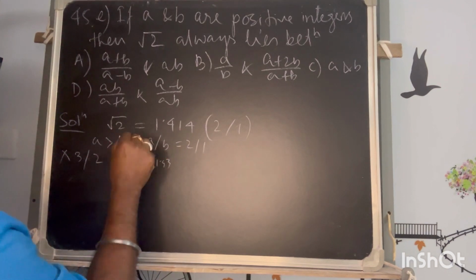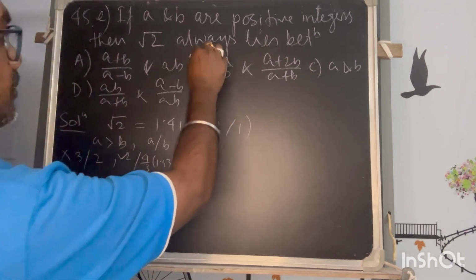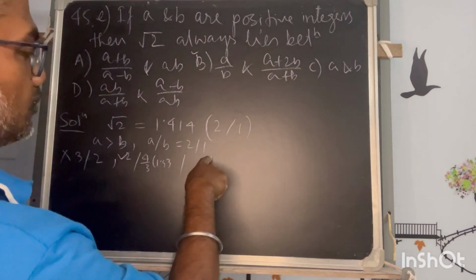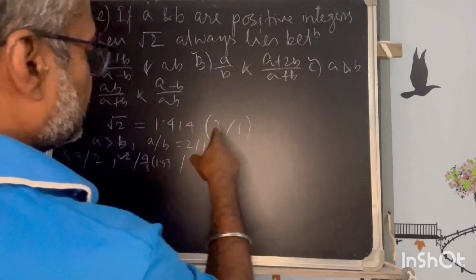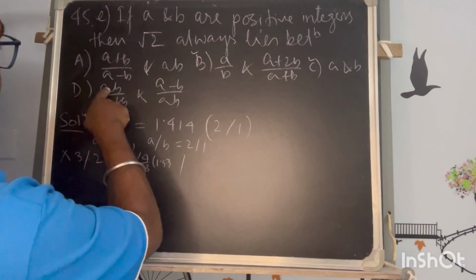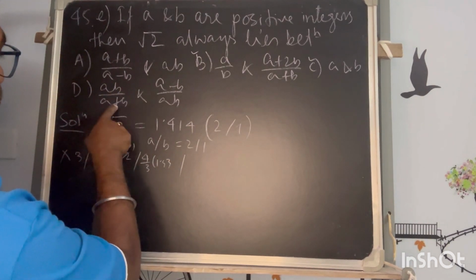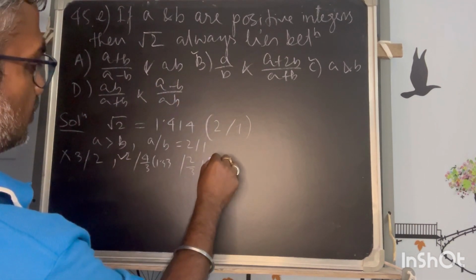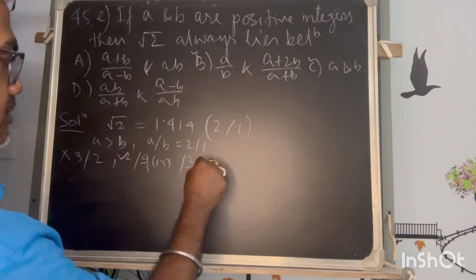So this could be an option. So option B is okay. Option C is A and B, so 2 and 1. This is also correct for this set of values. And D, if I check, 2 into 1 is 2, 2 plus 1 is 3, so 2 by 3, and this is 2 minus 1, and 2 half. So this could not be the option.